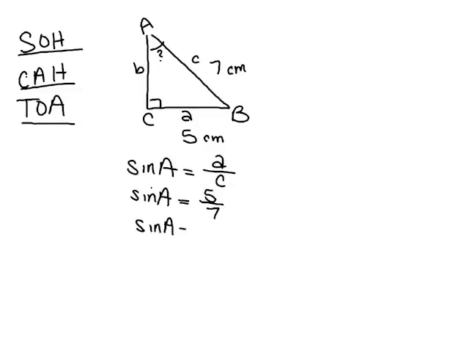So the sine of angle A is 0.7143. So I have 2 ways now to figure out what angle A measures in degrees. I can use my calculator, and the way I do that is I need to push the second function button. On ours, it's a yellow button at the top corner. I push second function, and then I push the button that says sine.